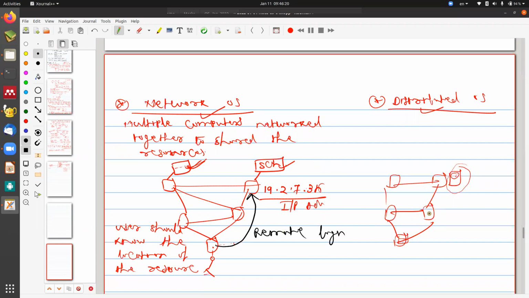But in a distributed operating system, the resources are completely transparent to the user. What does it mean?